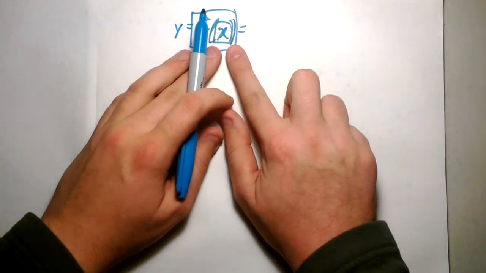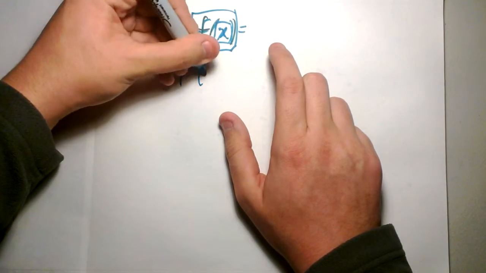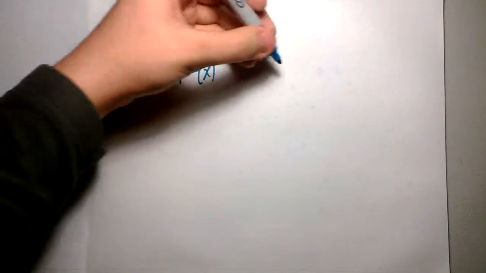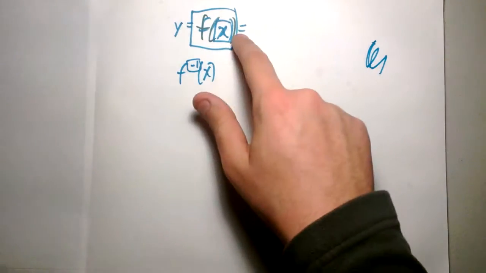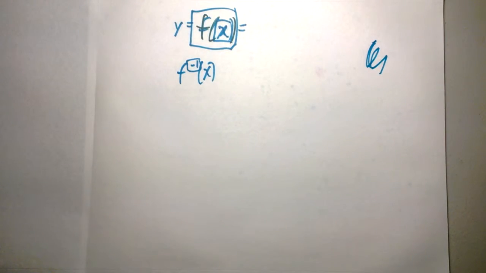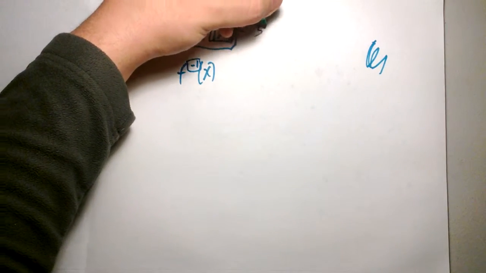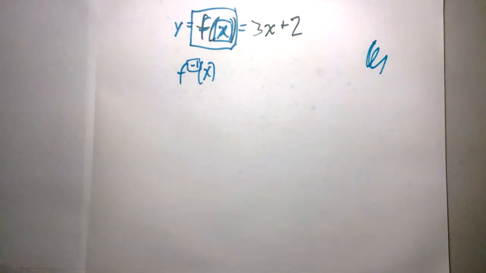All right, and by the way we write inverse function, we're going to go over that right now, is we just put a negative up there. So let's get right into this. So let's say it's equal to, I don't know, 3x plus 2. All right, so this is going to be two-step to rearrange it.